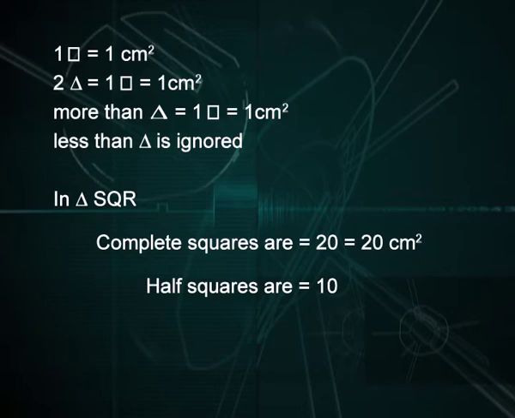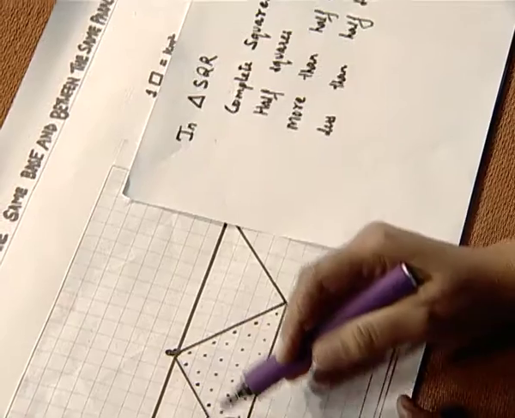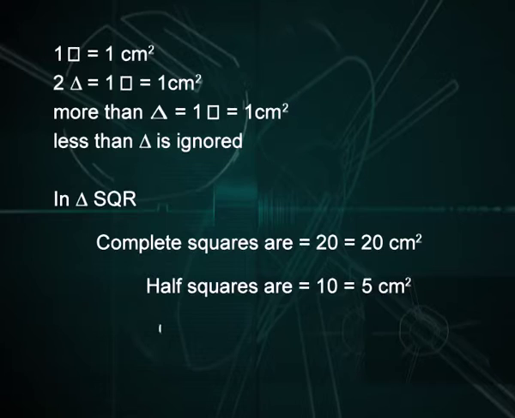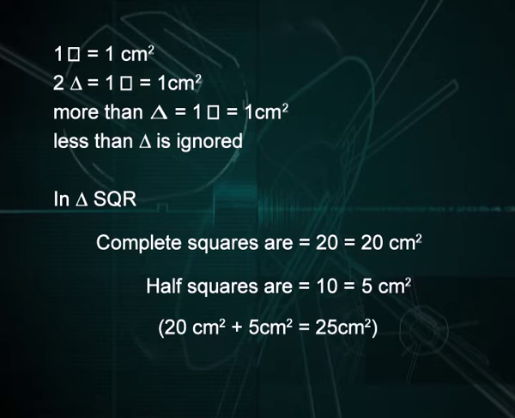So, we have 10 half squares which is equal to 5 centimeter square, and as there is no more than half square and no less than half square, if we add up these two numbers, we find 25 centimeter square. So, the area of the triangle SQR is 25 centimeter square.